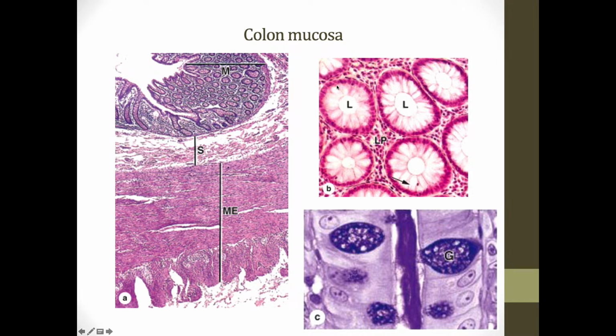They are the cross sections of these glands. You can see the columnar cells, and in the center is the lumen.